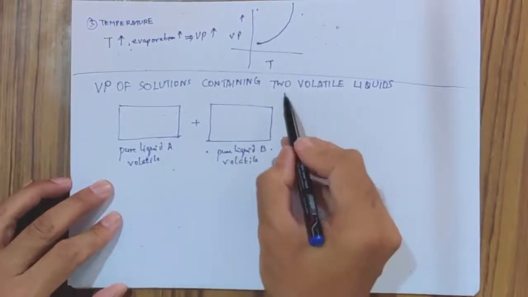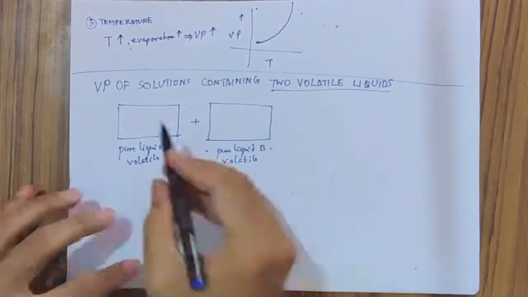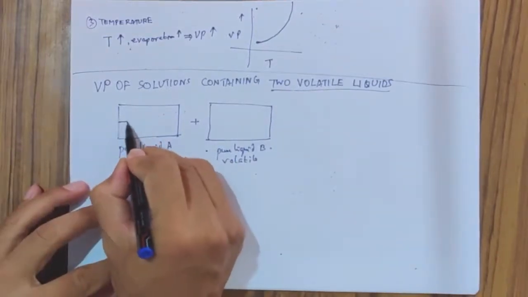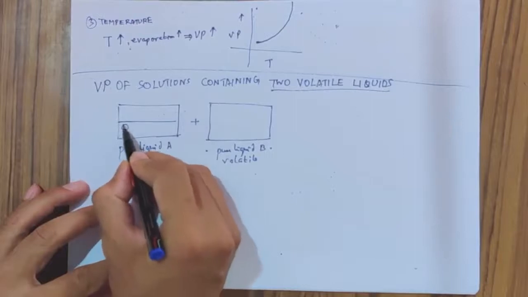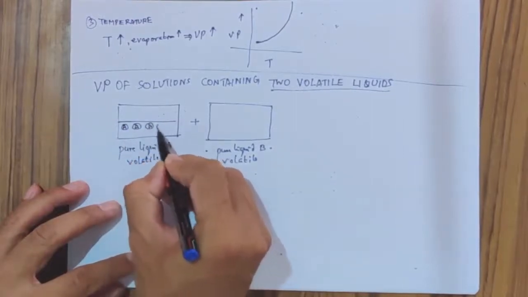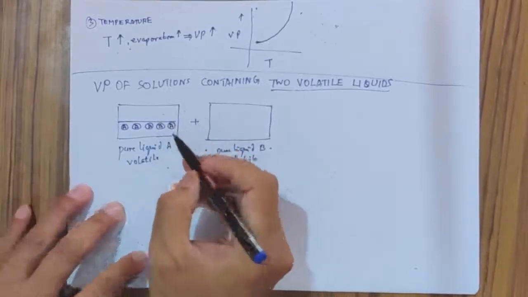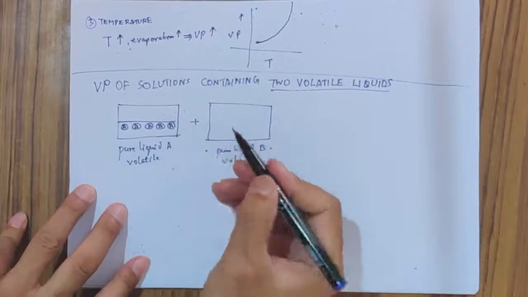So what it says is two volatile liquids. Molecule A as a pure A, before we mix them.